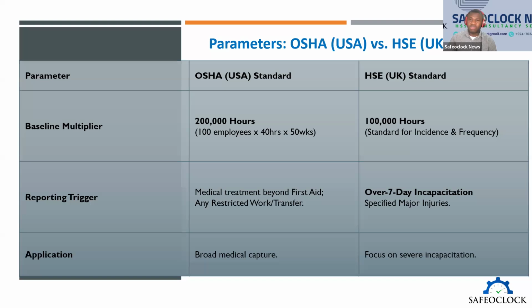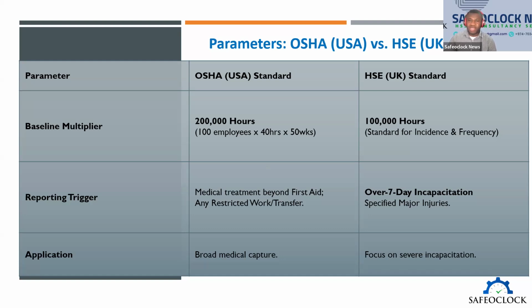So in the course of this presentation, we are going to see how and where we use these multiplying factors to get our values and our figures. Okay, so for US, the major trigger for reporting is medical treatment that is beyond first aid. So if there is any medical treatment that has gone above first aid, then it has to be reported to OSHA.